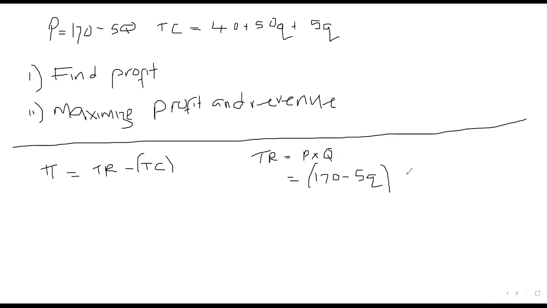So when you put a Q at the far end, our function for the total revenue becomes 170Q minus 5Q squared. So we're just using the formula that we were given.